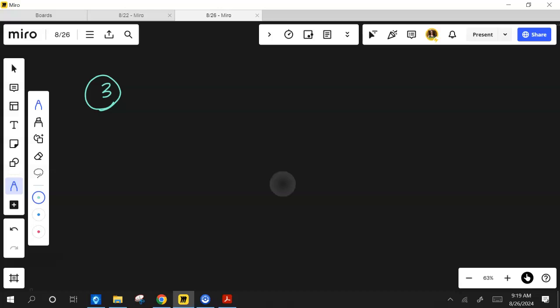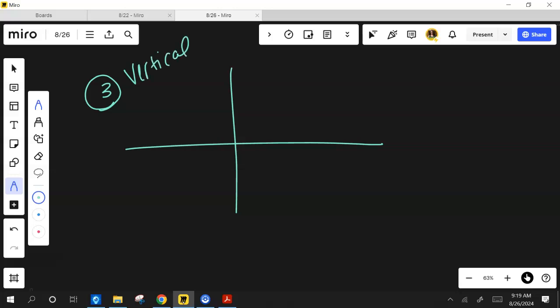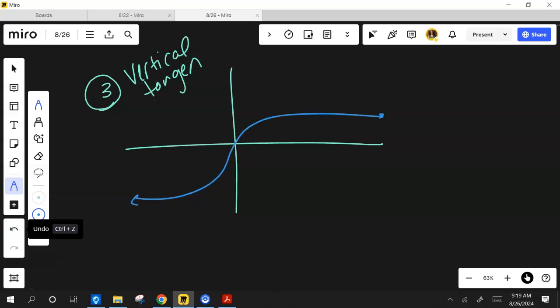All right, the other one. Vertical tangent. These are things like your cube root that come in, and this is a terrible drawing, I didn't do it quite justice.